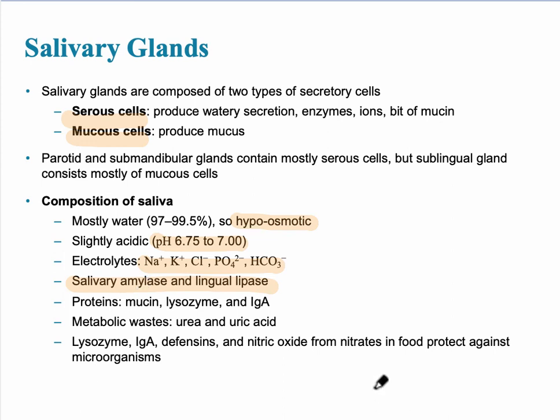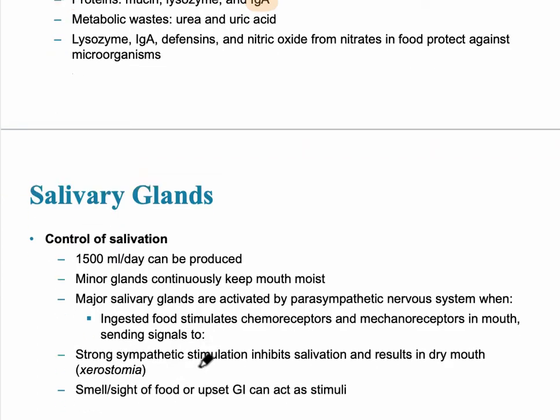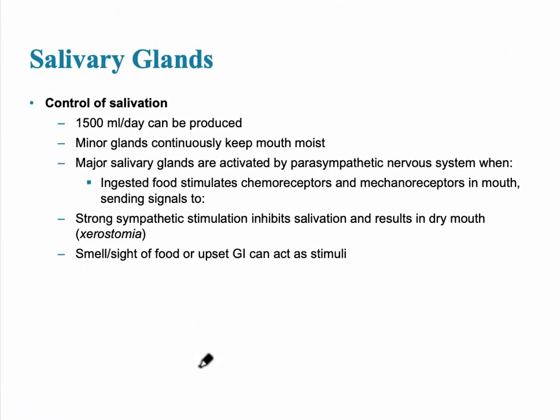There are also a few important proteins, specifically IgA, an antibody, metabolic waste, and other chemicals listed here. What's amazing to think of is that in one day we produce 1.5 liters of saliva, 1,500 milliliters per day.